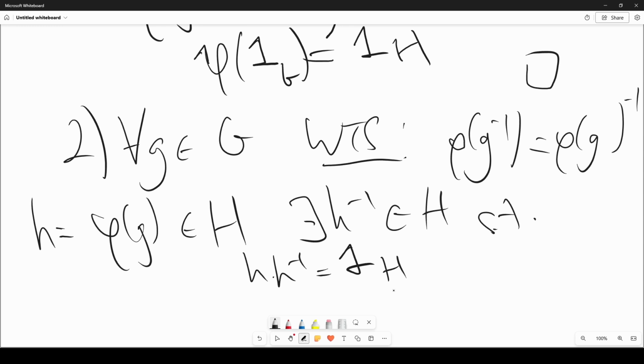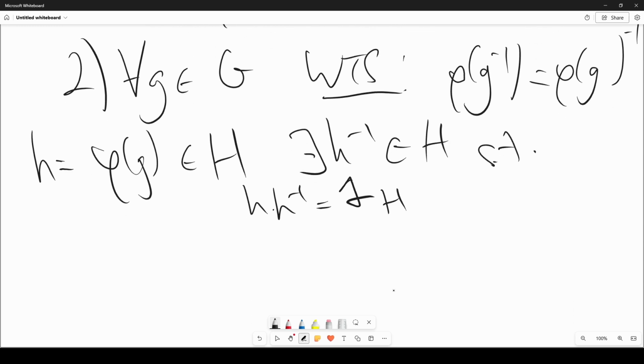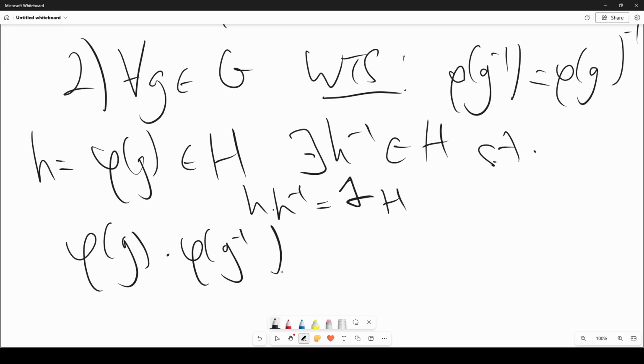And we know that it's unique. So we just need to prove that the example we've given here, phi of g inverse, works. So we just want to prove that phi of g times phi of g inverse equals 1_H.